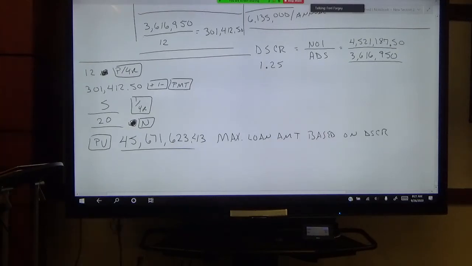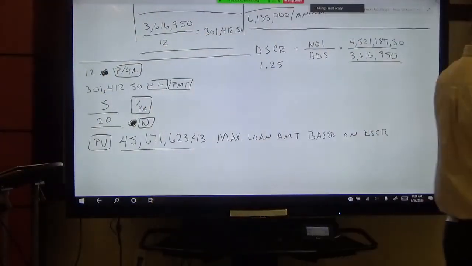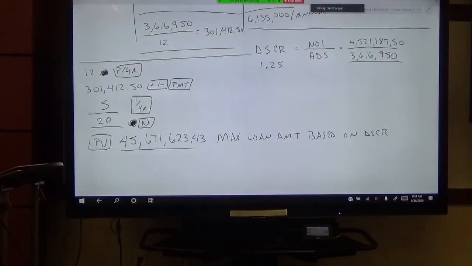Okay, so what we end up with is a maximum loan amount that the lender would give us based on the debt service coverage ratio of $45,671,623.43. Does that make sense? Yes or no? Yes.